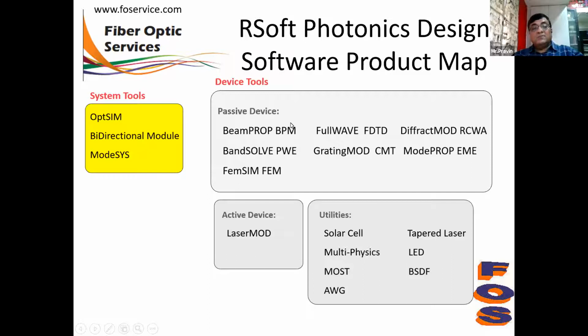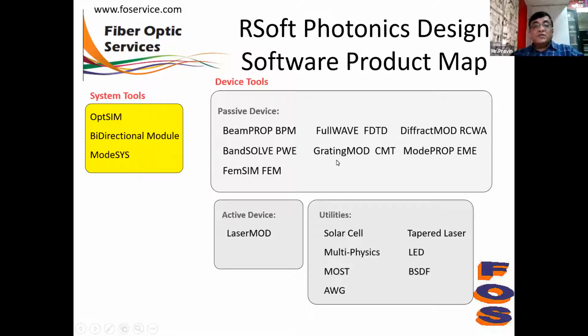Now, these are the simulation engines based on different techniques to solve different kinds of structures and different problems in the structure designing. The utilities are essentially not simulation engines.